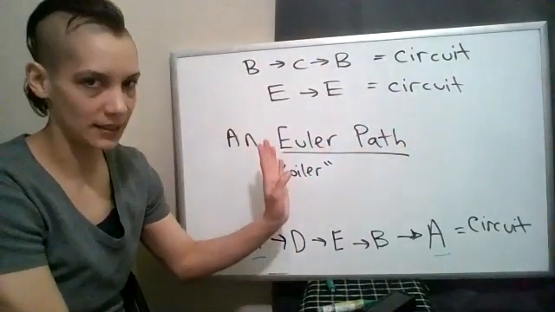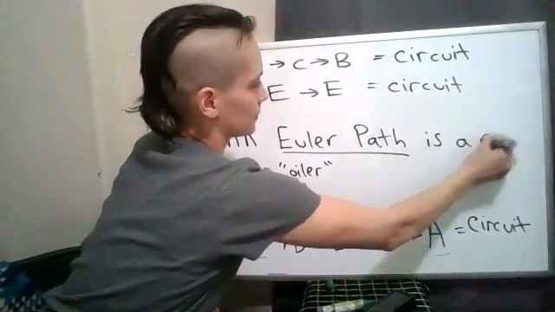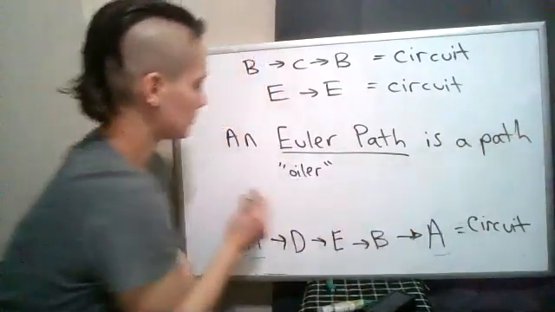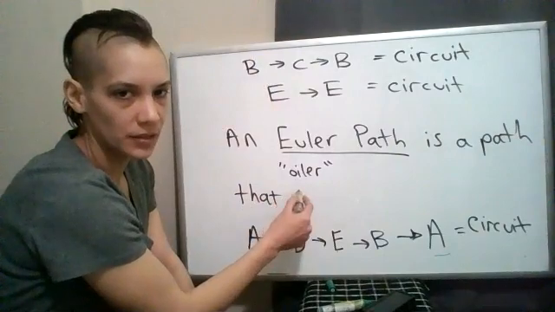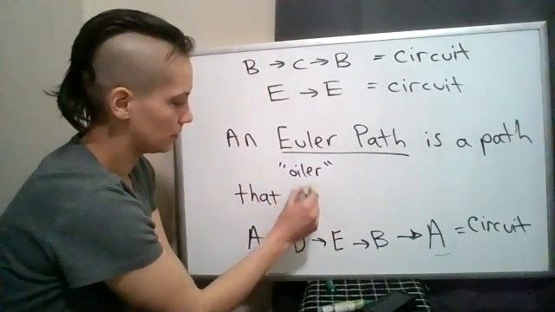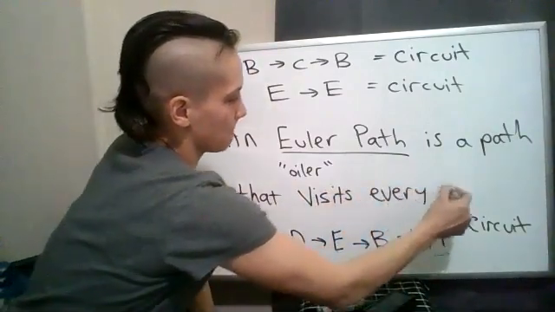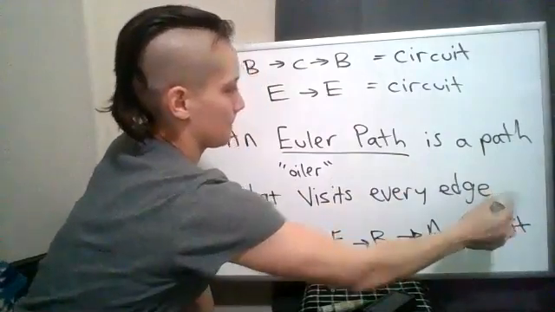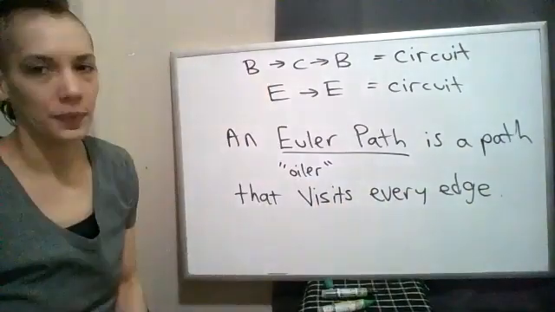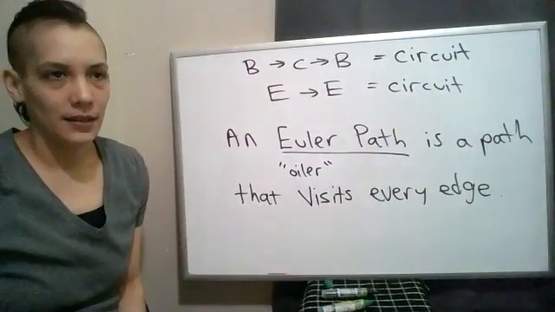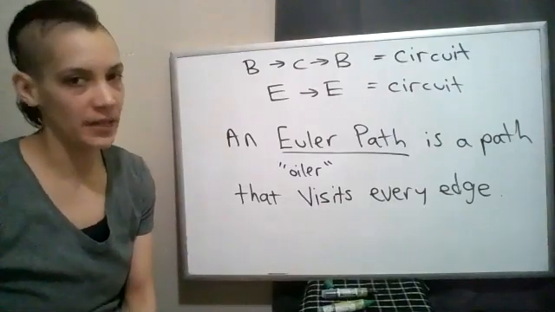Euler path is a path that uses every edge, or like visits every edge. And an Euler circuit is a circuit that visits every edge.